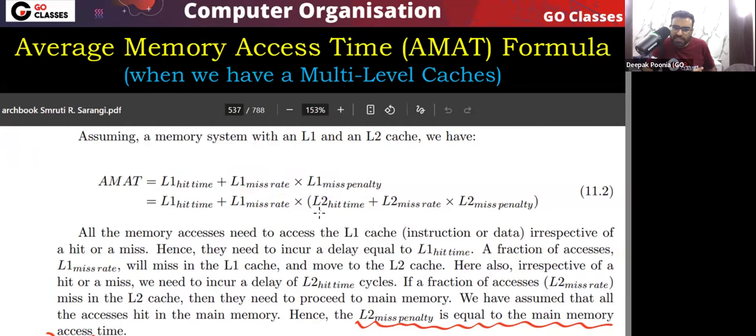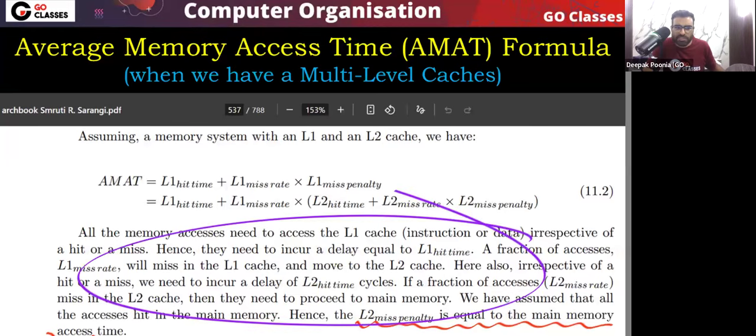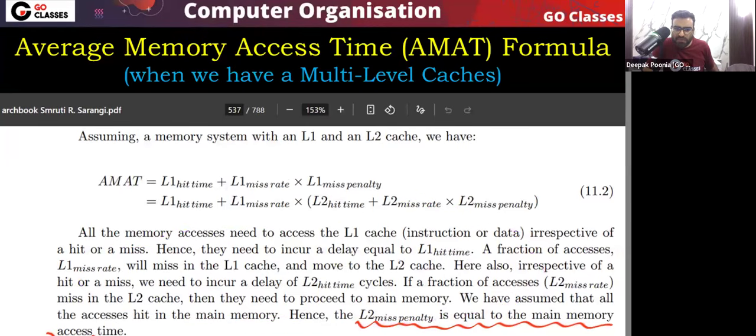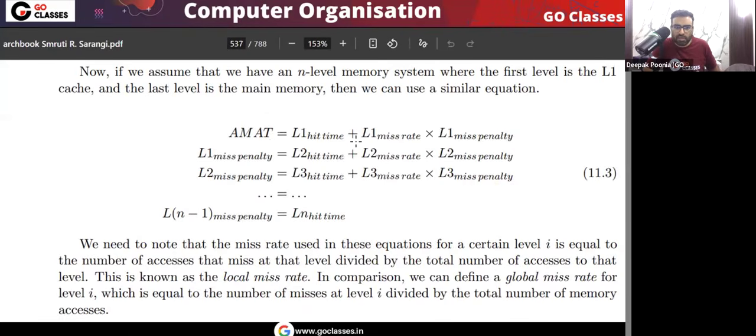And the L1 miss penalty is L2 hit time, or L2 cache access time, plus, when there is a miss in L2, the L2 miss penalty. And for the last level cache, that is L2, the miss penalty is the same as main memory access time. You can read this, everything we have already seen. This is the average memory access time formula for multi-level caches.